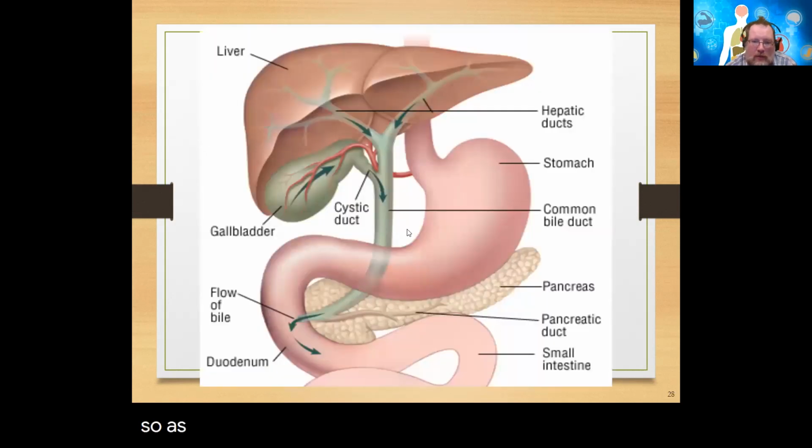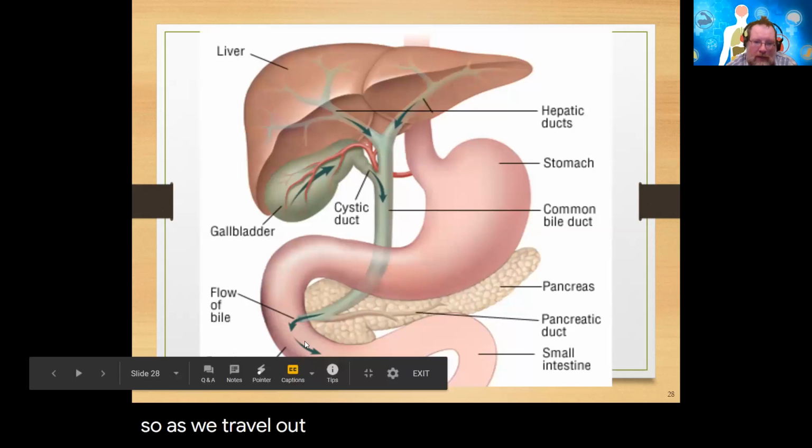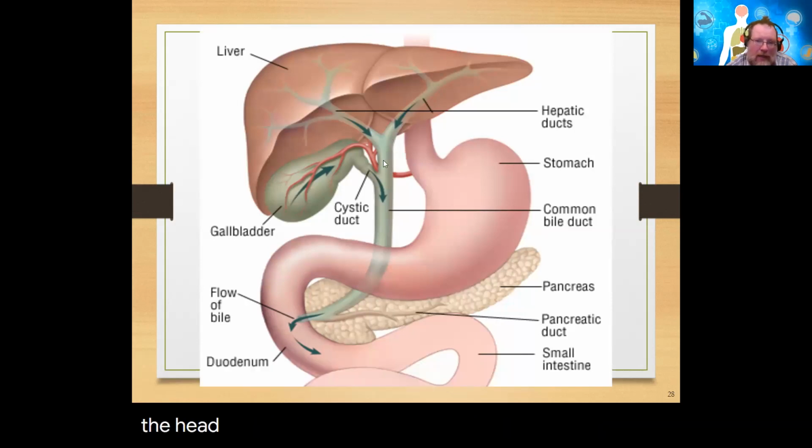So as we travel out of the stomach and get that chyme going into the first stop of the small intestines, the duodenum, we can see where that cystic duct and the hepatic and bile ducts come together to form the common bile duct. Okay, so cystic, hepatic, common bile duct.